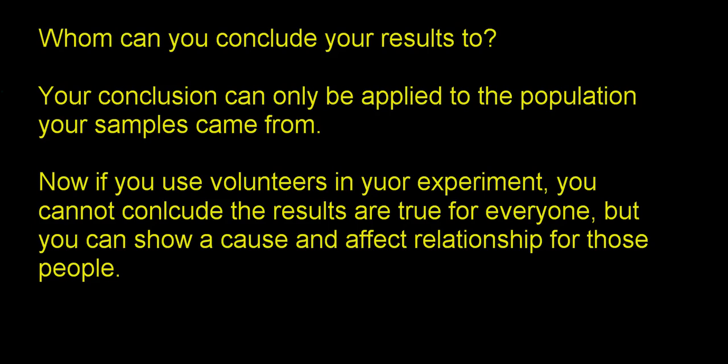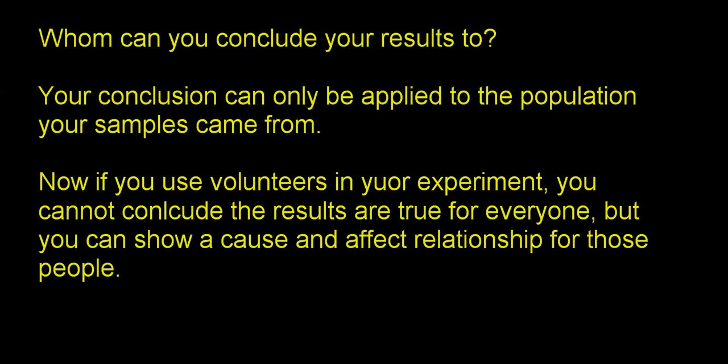So if you randomly take a group of people from Montana that are aged 35 to 40, then you can only apply your results to people from Montana who are aged 35 to 40, because that's where you got it from. Now, the other problem is if you ask for volunteers to do your experiment, then you cannot conclude the results are true for everyone. You can only show a cause and effect relationship for those people.